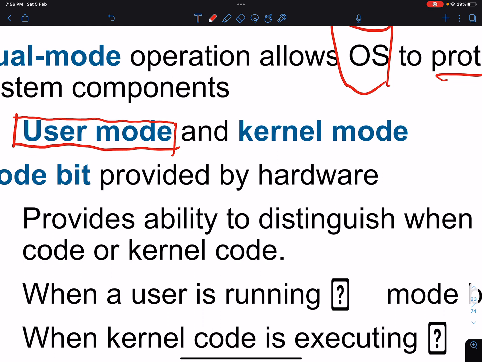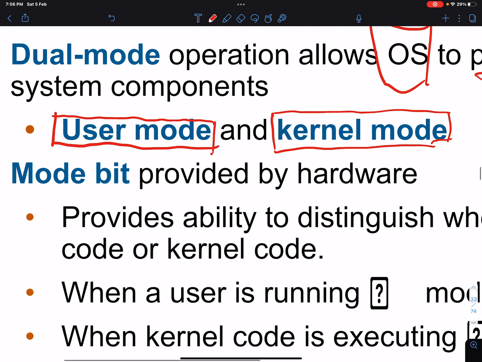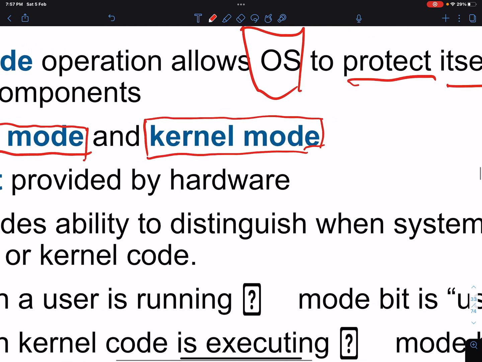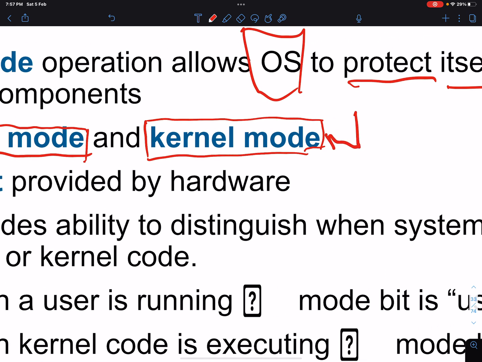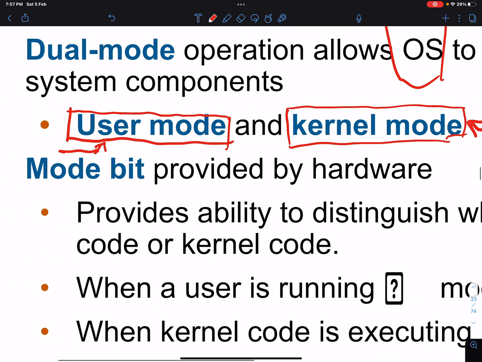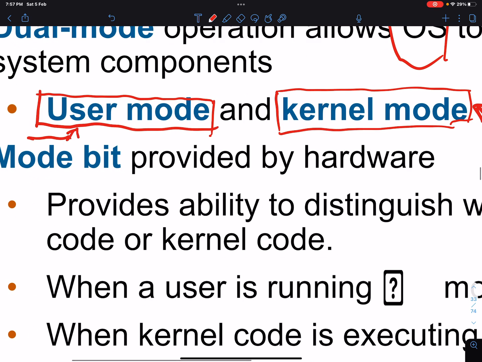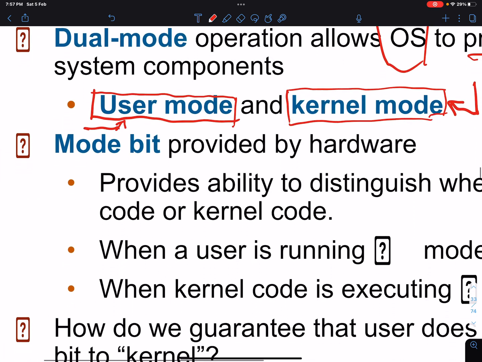And you have kernel mode. It's when the operating system takes control. So the user mode is when the user has the control and can run user programs. The kernel mode, however, is when the kernel has the control, and therefore the kernel will run its own routines.